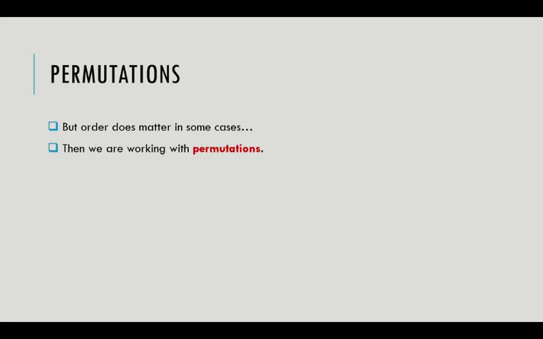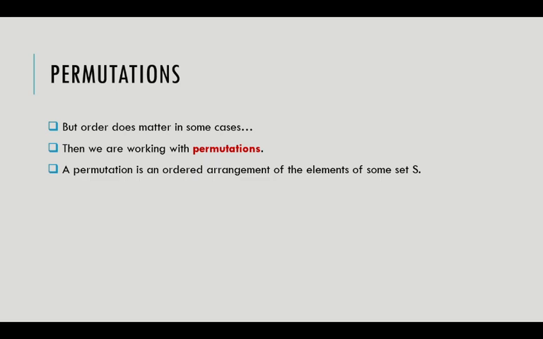Now, we just finished talking about combinations. There's something similar with one small tweak, and that is the permutation. In some cases, do we agree that order does matter? Not always, but sometimes order matters. And if it does, then we're working with permutations.